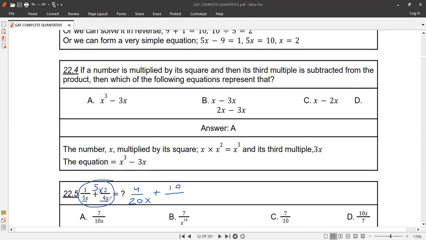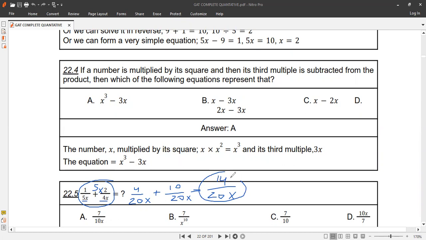Now 5 multiplied by 4, 20x. Now they have the same denominator, so I can add. Here we have 4 plus 10 equals 14. So we have 14 over 20x.